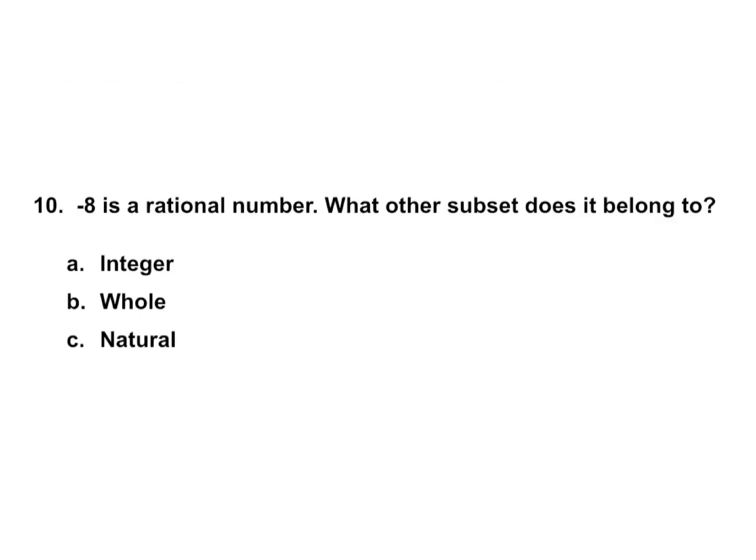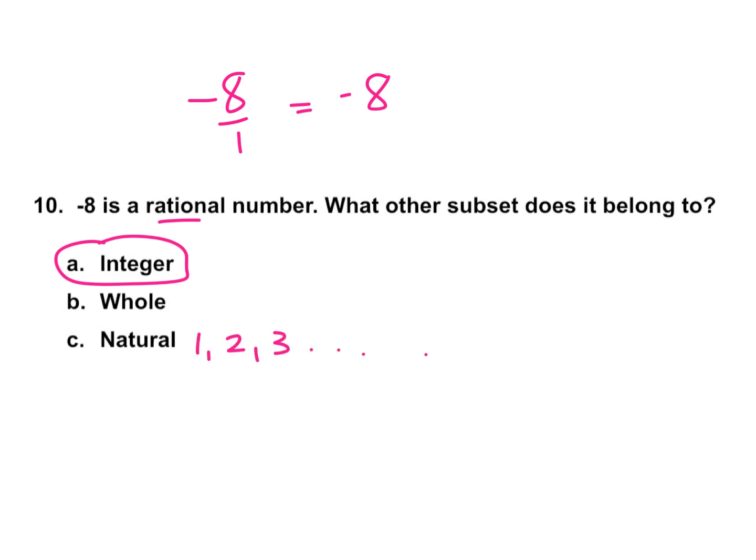All right, so negative 8 is a rational number. We could write it as a ratio, negative 8 over 1, and it's still negative 8. So it is rational. What other subset is it? It's going to be considered an integer because integers are positive and negative whole numbers. Remember, natural numbers are our counting numbers beginning at 1 and up. Whole numbers begin at 0 and go up.